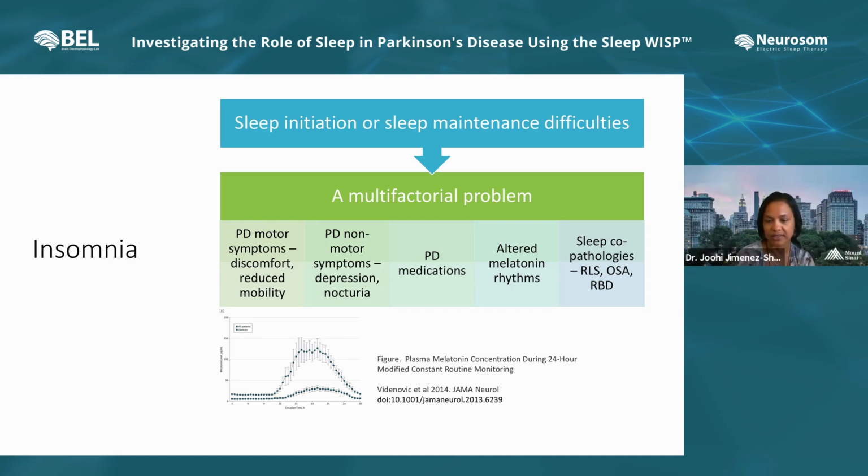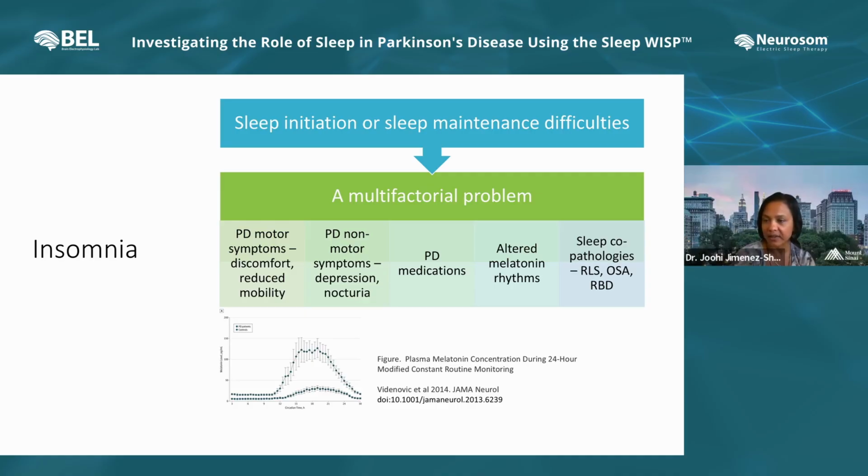So having new approaches is certainly going to be helpful for a number of different reasons. Without trying to recapitulate information you already heard from the other presenters, I just want to highlight how significant sleep disruption and sleep problems are in Parkinson's. Insomnia remains one of the biggest complaints.